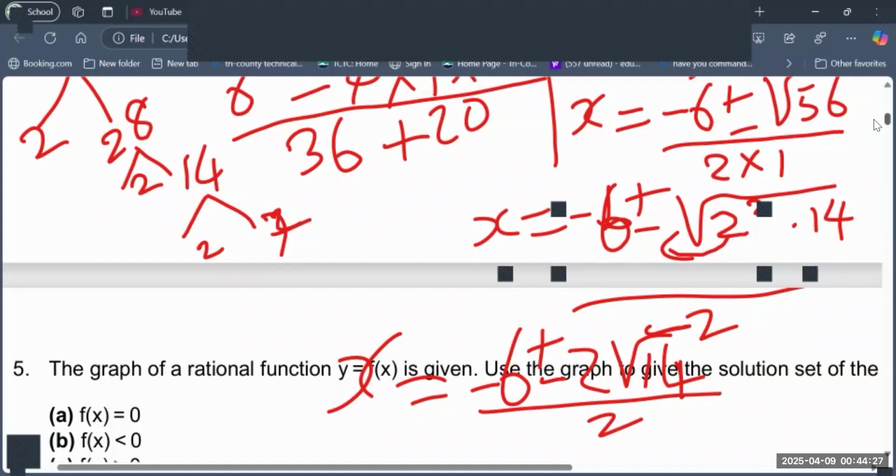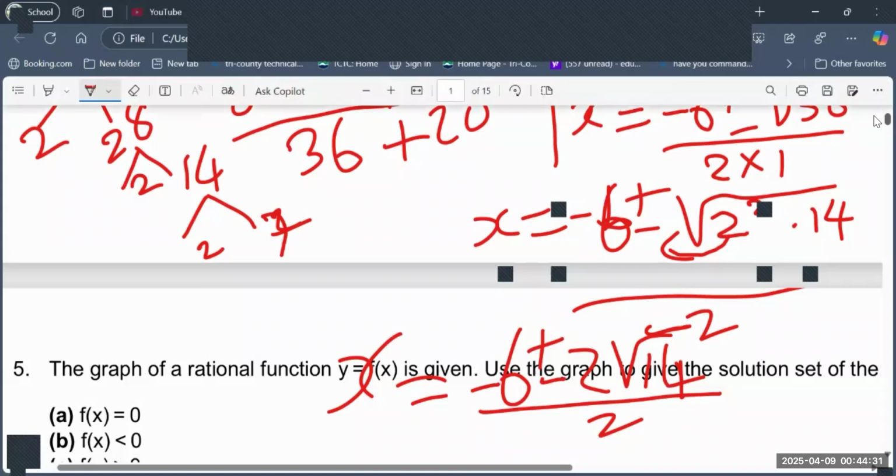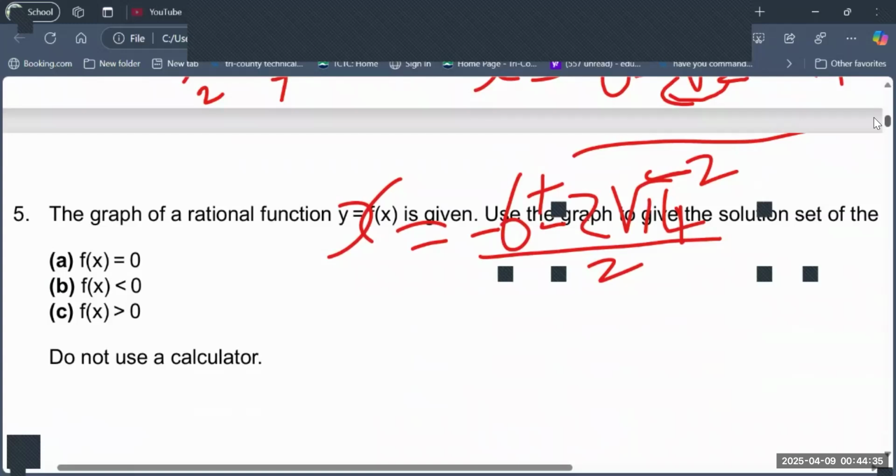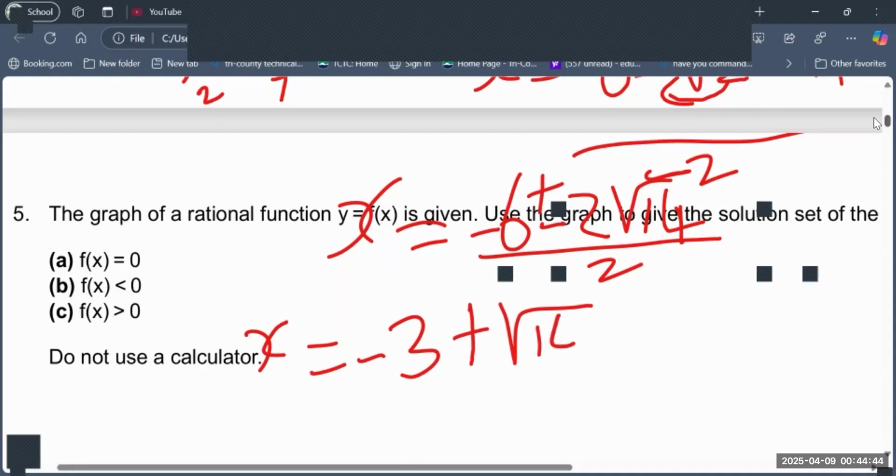So I can now divide through, so I have 2 answers. If I divide by 2, I have x is equal to minus 3 plus square root of 14, and the other answer is minus 3 minus square root of 14.